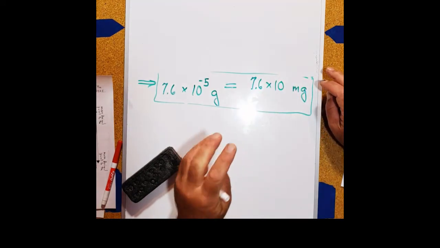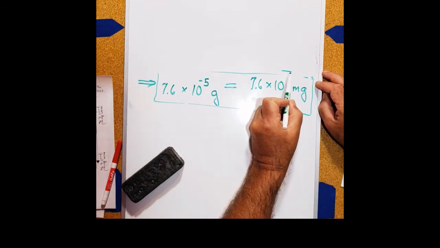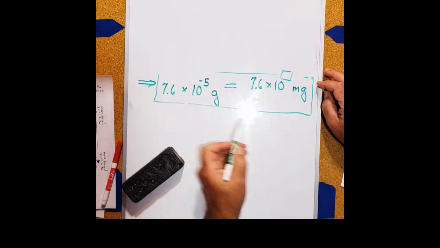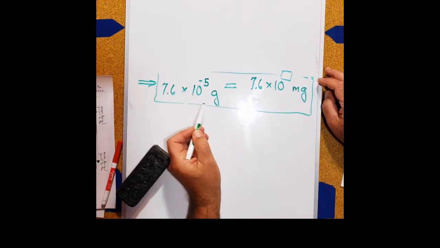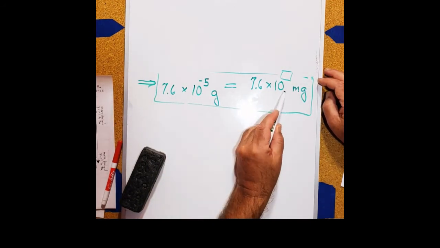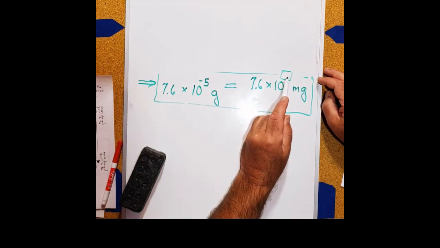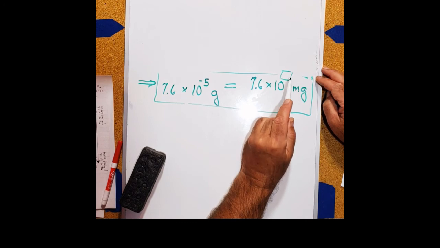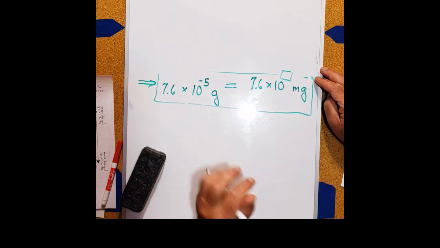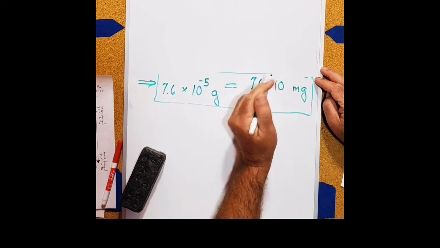But in each and every case, it's always going to be the exact same number, and the only thing that's going to change is the exponent above the 10. Take a look at these, left and right side. 7.6 times 10. This is a minus 5, but this was a minus 2. How do we determine that all on its own if we didn't have that upper problem to start with? Let's take a look at how we could get that.